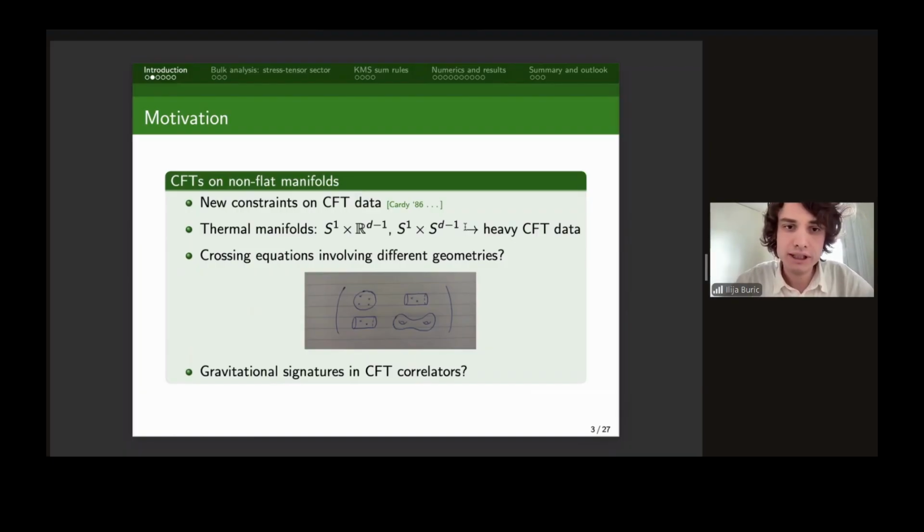So there we have modular invariance of the partition function, and this leads to the Cardy formula for the density of states at high scaling dimensions. And these ideas work in slightly modified form also in higher dimensions, and give some beautiful formulas for asymptotic behavior of both the spectrum and the OPE coefficients at high dimensions.